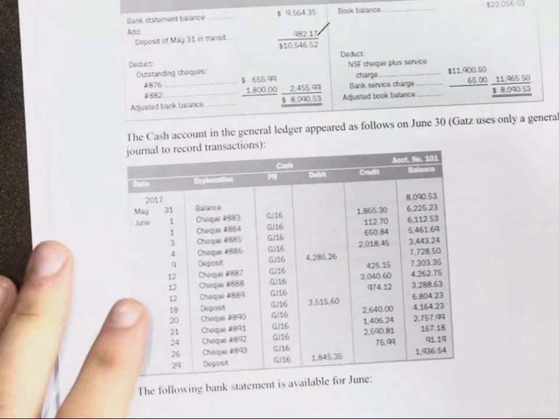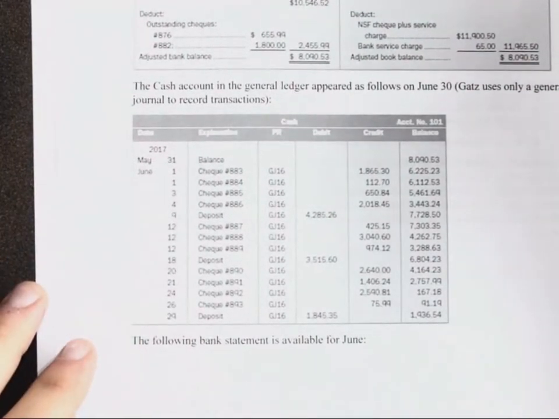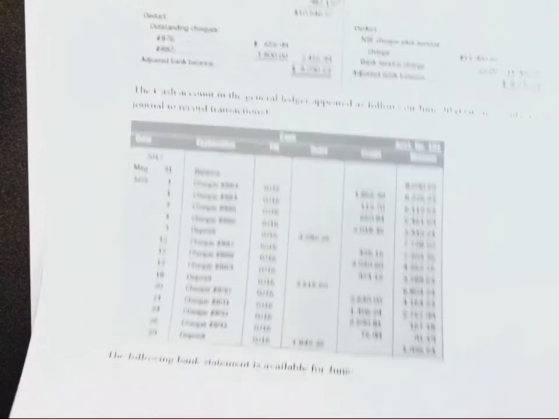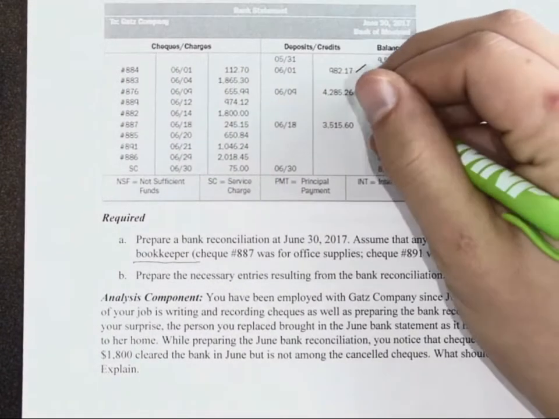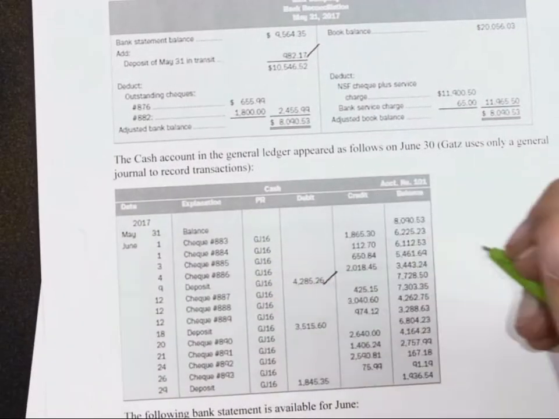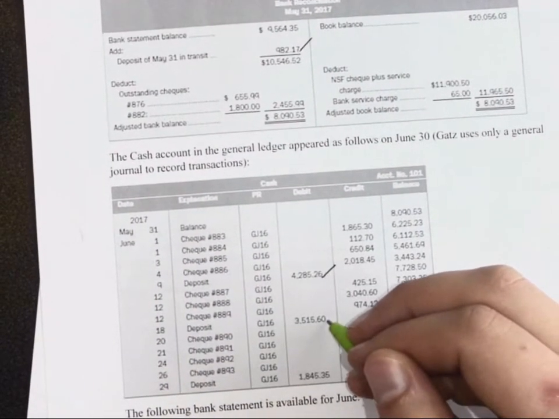So now, what is our next deposit? What was our next debit to cash? 4,285. And has that cleared our bank statement? Yes, it has. Our next deposit to cash was 3,515.60.